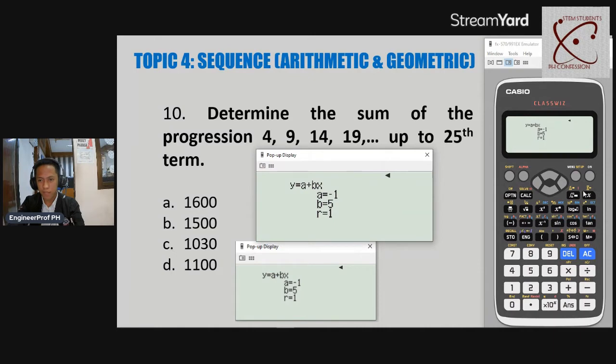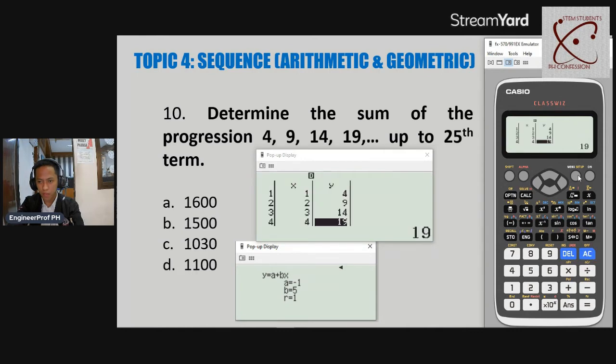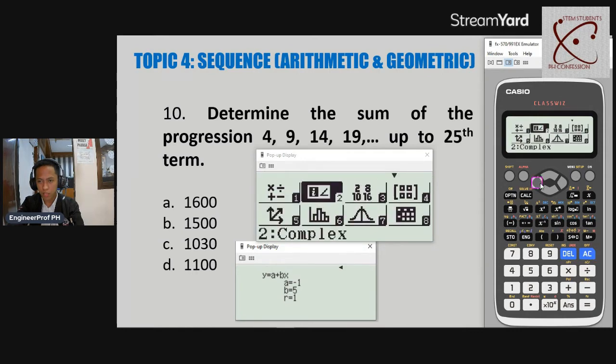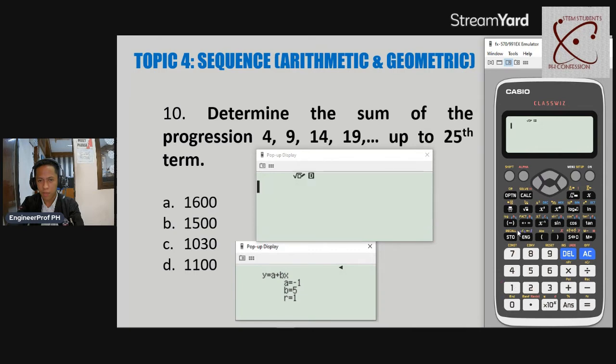So, for the sum, gagamit tayo ng summation function. Okay, balik tayo sa menu, and, ayan, menu and calculation, basic calculation. Calculate to 1. So, for sum, summation, so shift, and itong nasa baba ng on. Ayan. Lalabas po ito. Then, i-input natin si equation. Okay, input natin si equation. So, A is -1 plus bx. And bx.